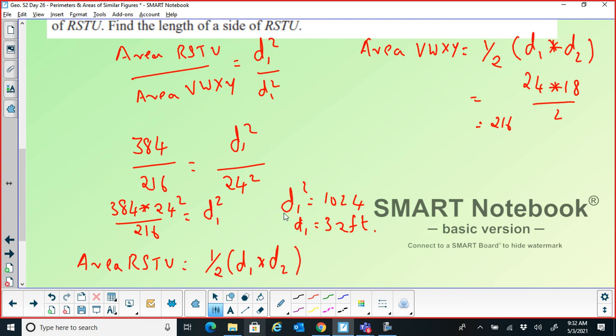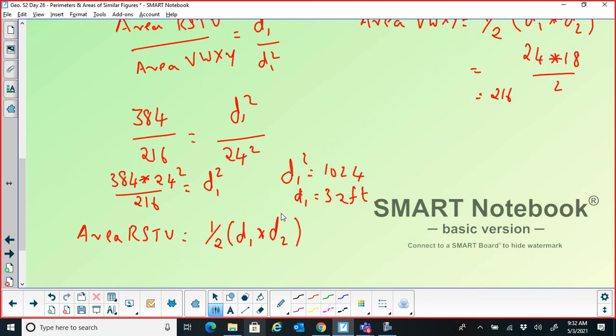They had given the area of RSTU as 384, so 384 equals half of, I have the diagonal 1 which I just found, 32 feet, and I don't have diagonal 2.